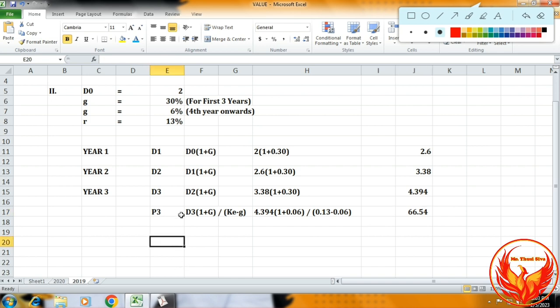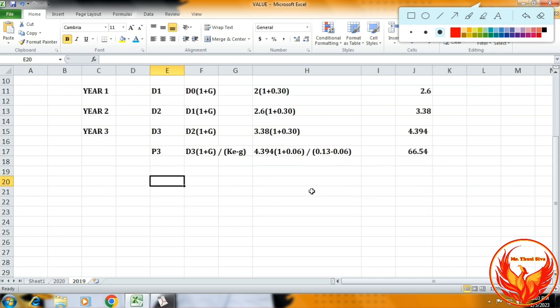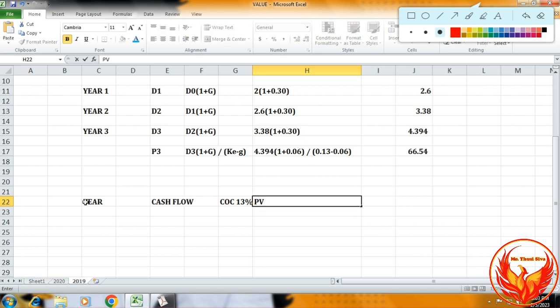Now we have to find the present value of the cash flows. Columns: year, cash flows, cost of capital at 13%, present value.